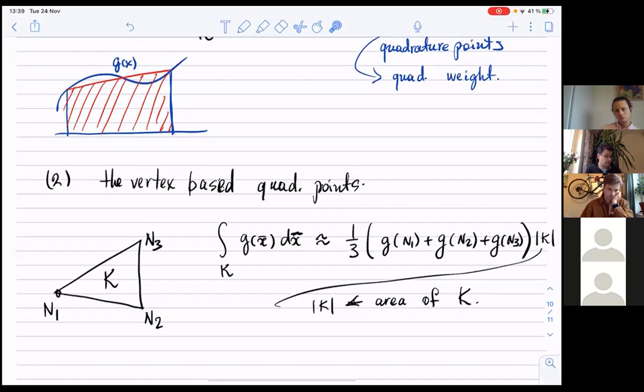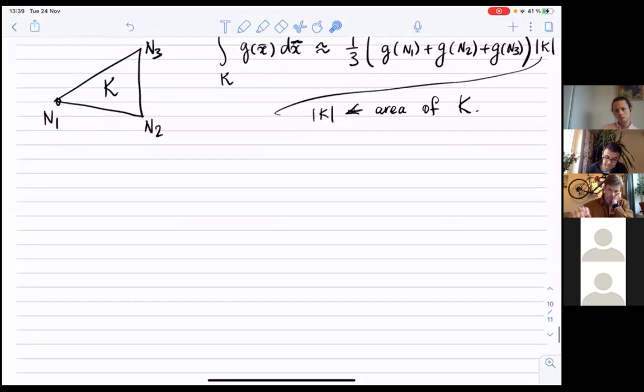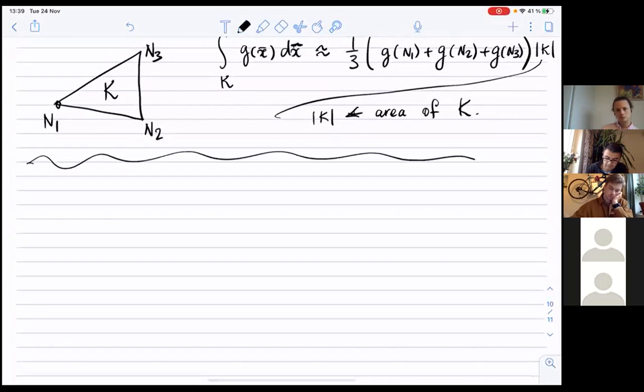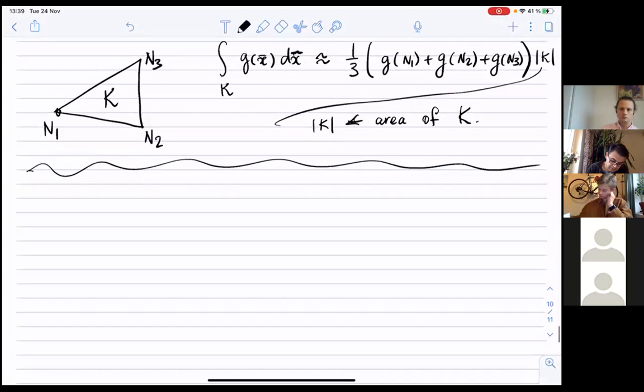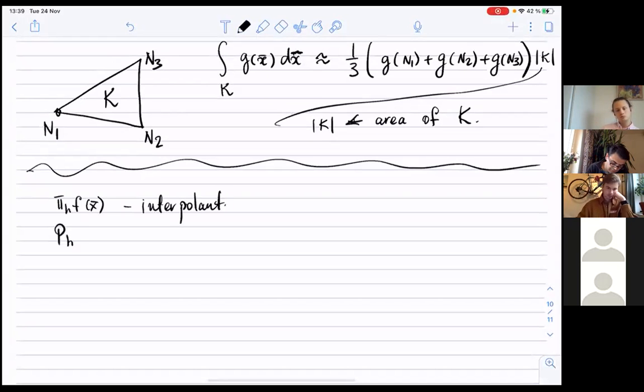So we can also extend the idea of L2 projection. If this object is the interpolant of X, we can define the projection P. So capital P_h of X is the L2 projection.